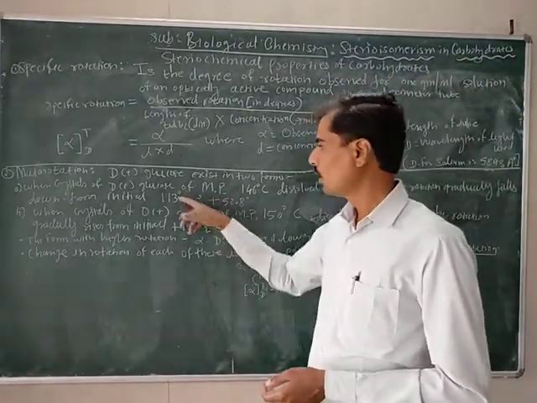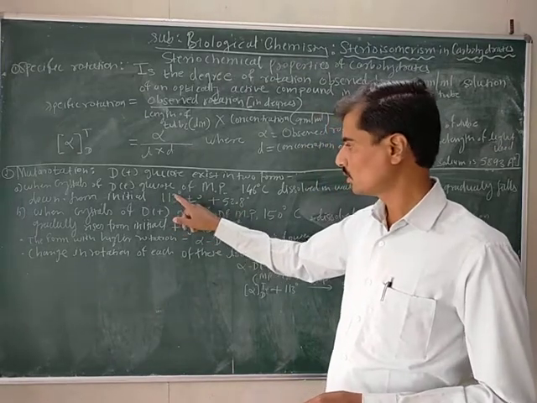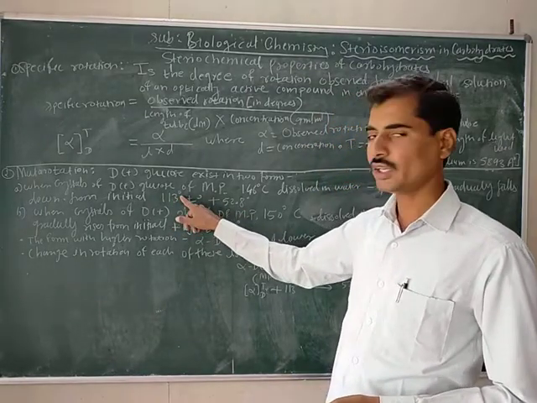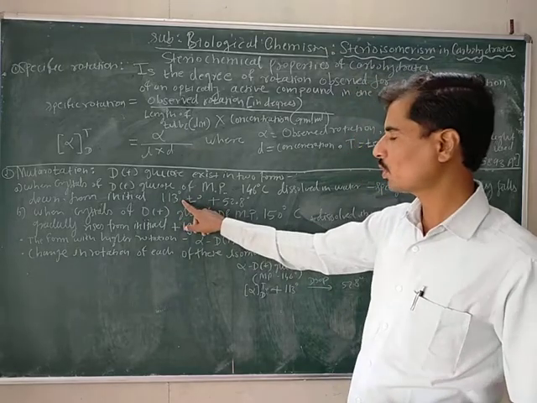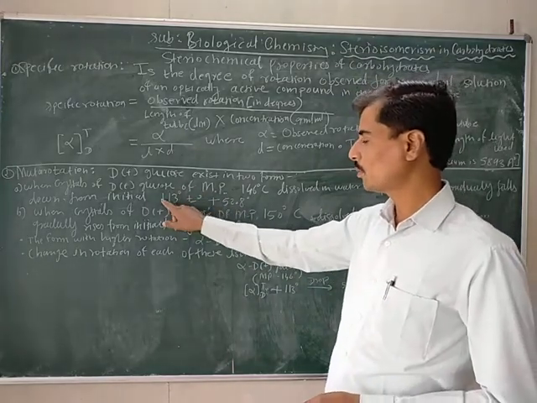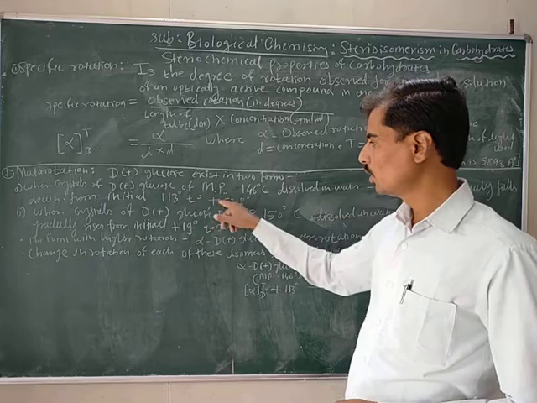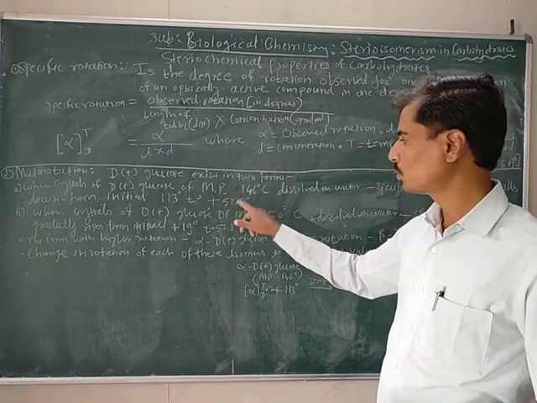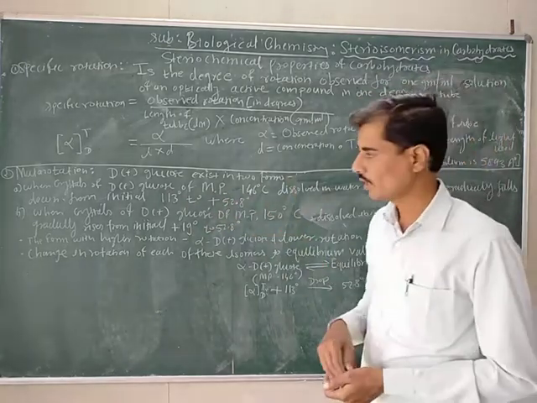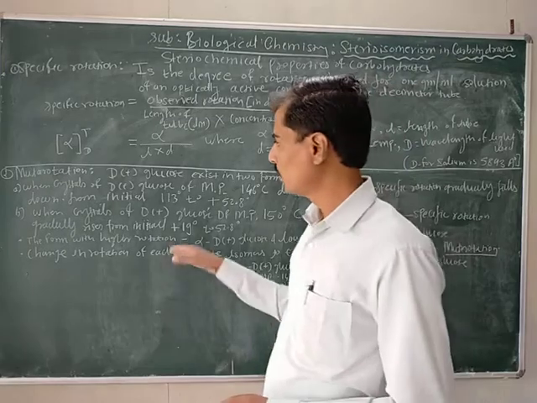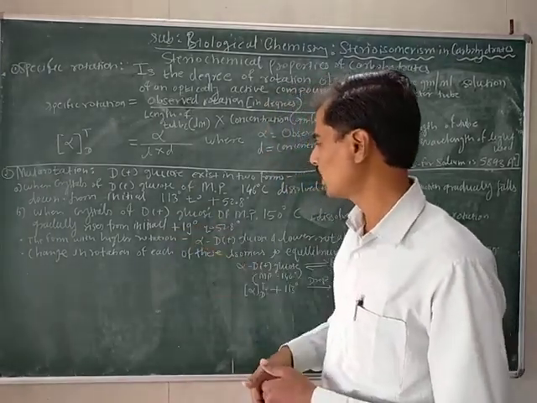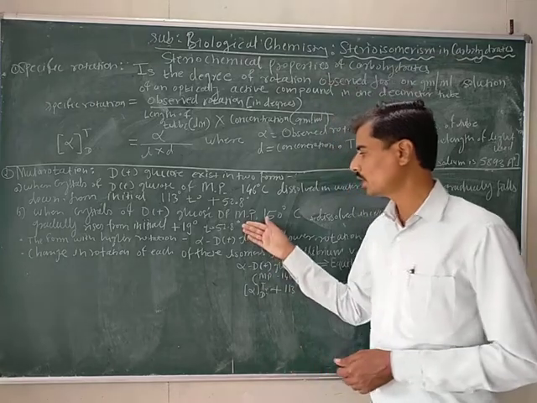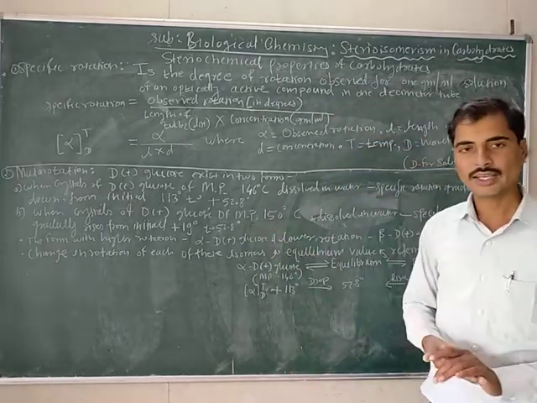See here, in the first form of D plus glucose, the specific rotation falls down from plus 113 degrees to plus 52.8 degrees, and in the second form there is a rise in the specific rotation from plus 19 degrees to 52.8 degrees.